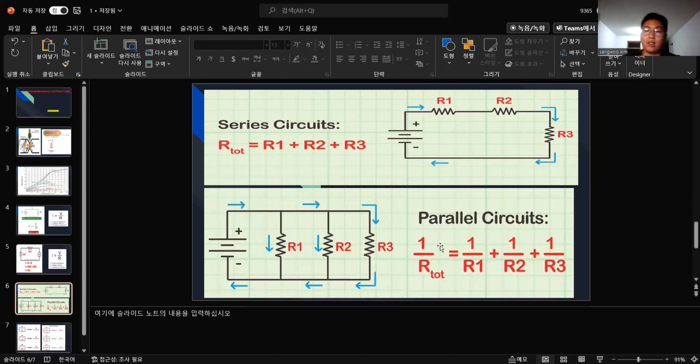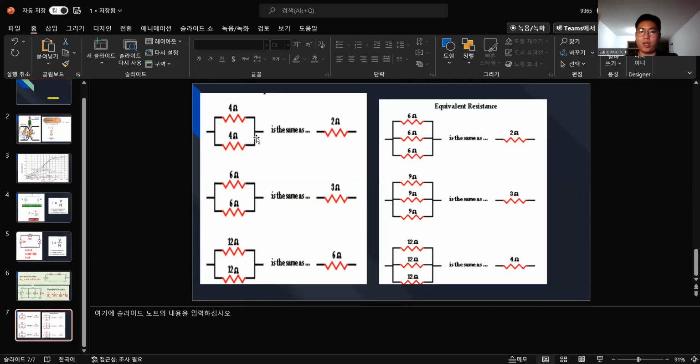But parallel, this is important. In series, if we add more resistors, the sum of values is increased, right? But in parallel, it's going to be reduced. You guys may be confused by what I'm saying, right? Let's see, for example. Look at that.